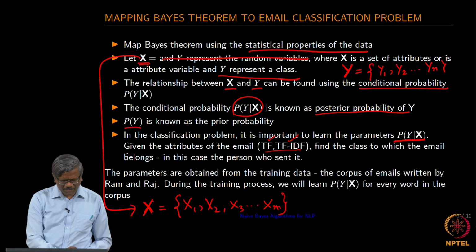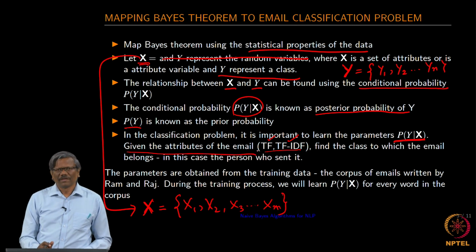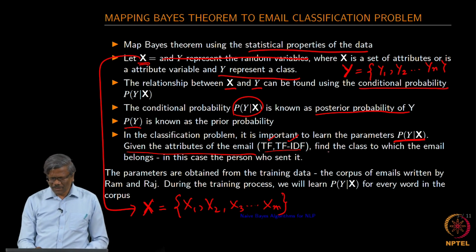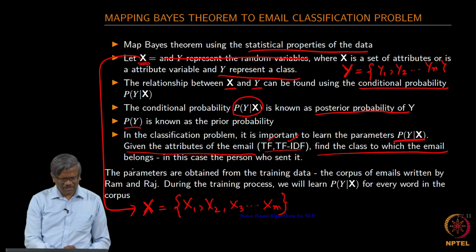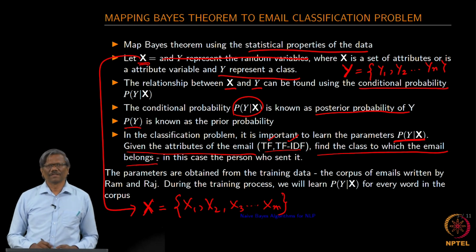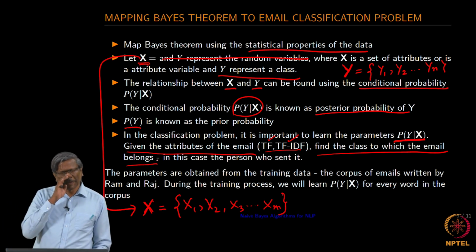Given the attributes of the email and given the prior probability, we want to find the class to which the email belongs. That is, in this case, who is going to be sending it, getting the point, right.